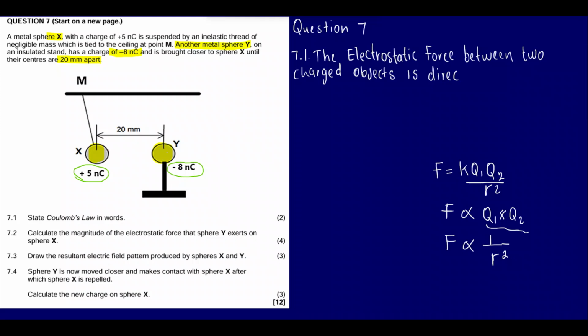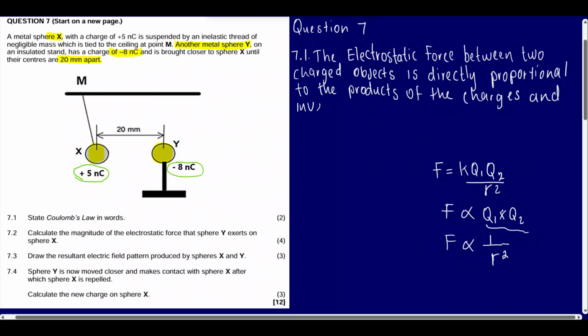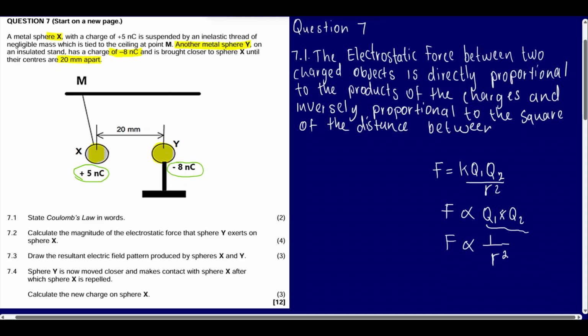So here you can write that the electrostatic force between two charged objects is directly proportional to the product of the charges and inversely proportional to the square of the distance between their centers.